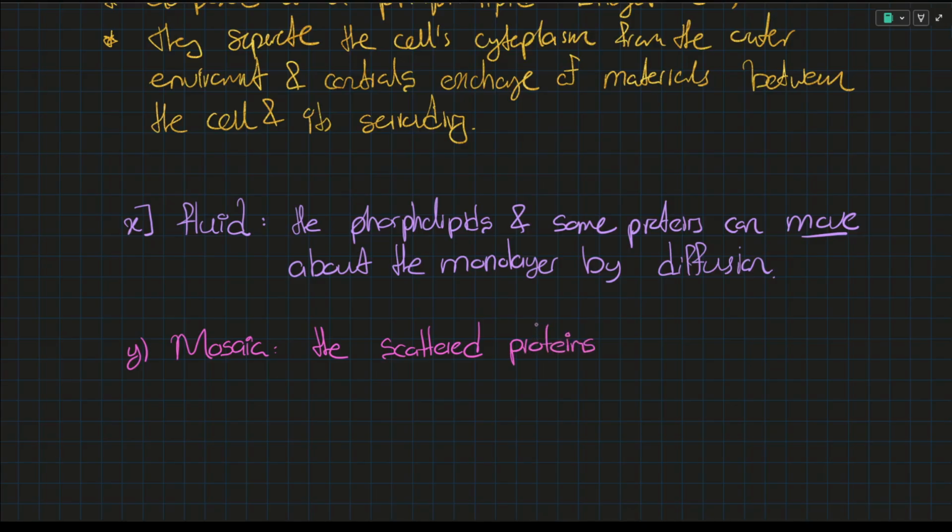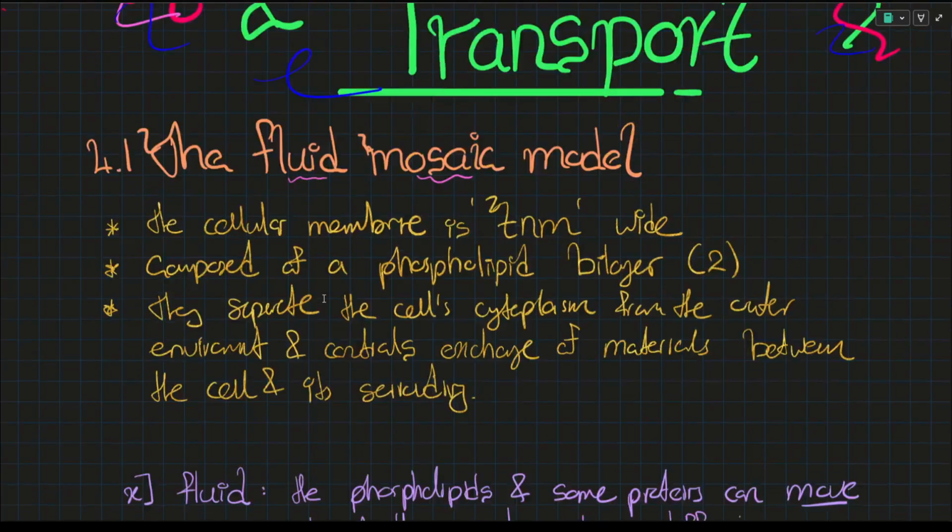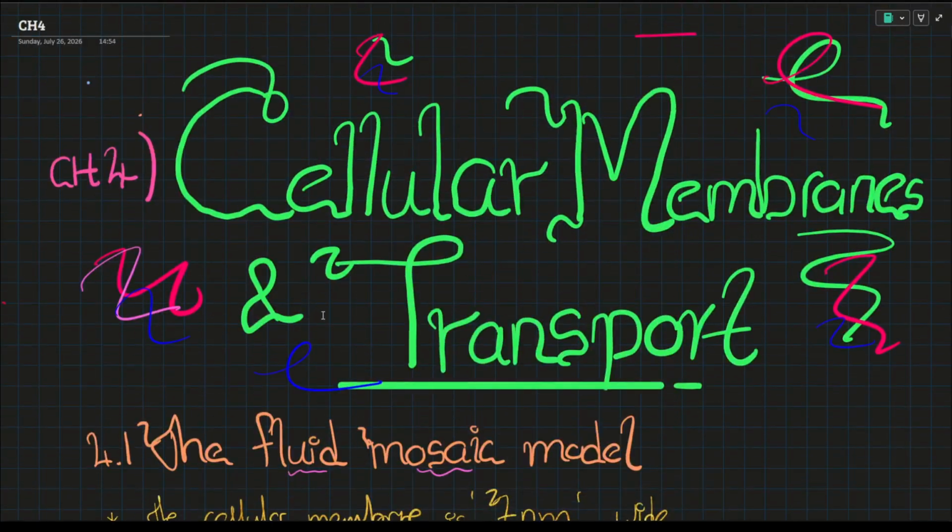I'll visualize all of this in a bit. The scattered proteins on the bilayer produce a mosaic structure.